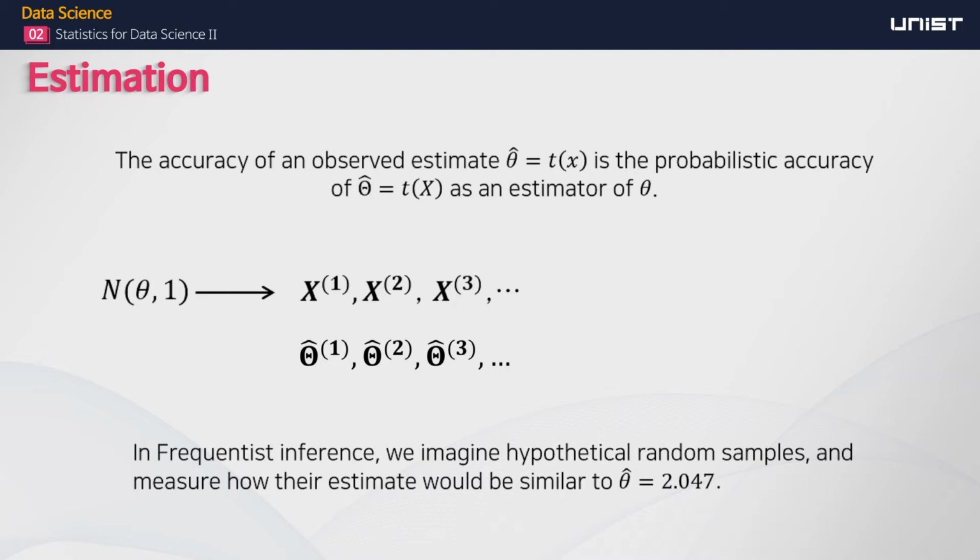Theta hat is a realization of uppercase theta hat. Theta hat is just a single number, but uppercase theta hat takes on a range of values whose spread can define measures of accuracy. Conceptually, the accuracy of theta hat is based on hypothetical random samples.